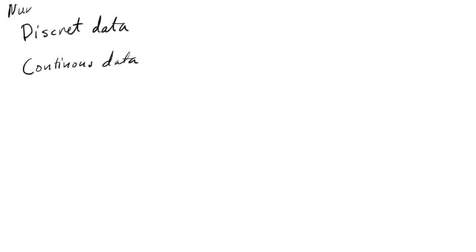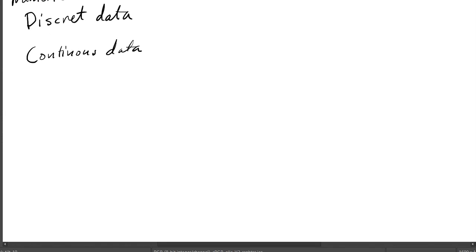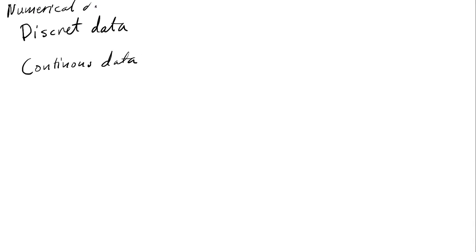And then we talk about discrete data and continuous data. So this is an example where we have numerical data. So we have these two types.